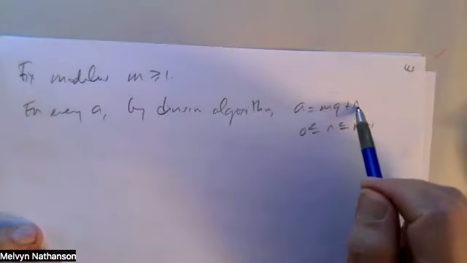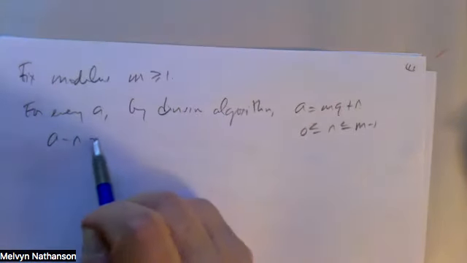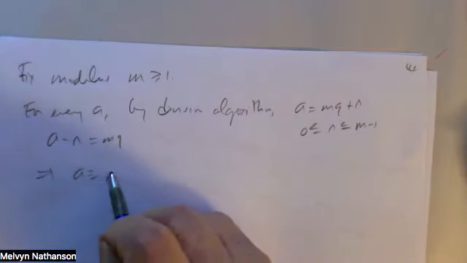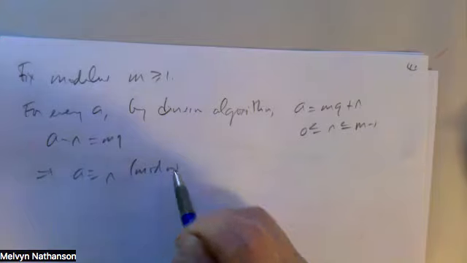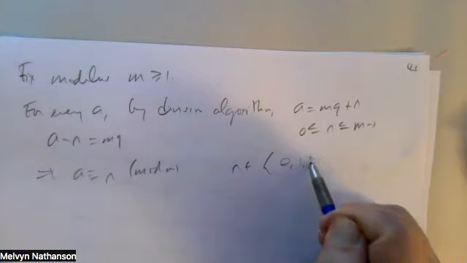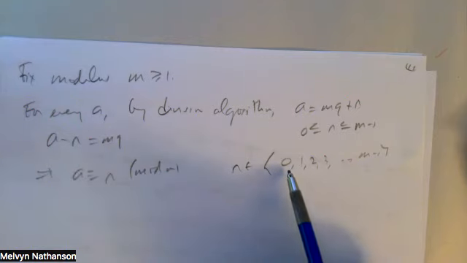Divide A by M, you get a remainder which is a non-negative integer, strictly smaller than M. So A minus R equals MQ, which means A is congruent to R mod M. R is some integer between 0 and M minus 1. So every integer is congruent modulo M with some number between 0 and M minus 1.